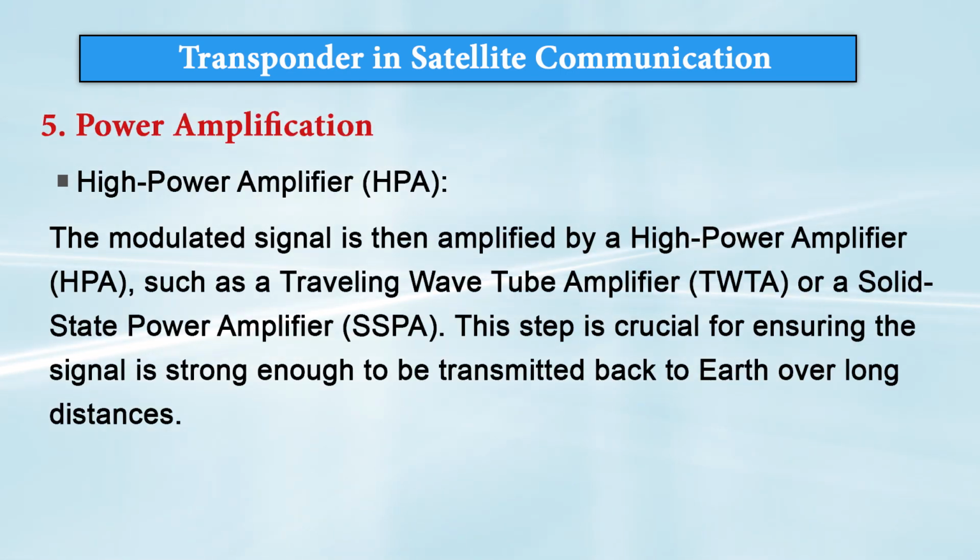And finally, in the communication system, the power amplification is there. So, a high power amplifier is there, right. The modulated signal is then amplified by a high power amplifier such as a TWTA, travelling wave tube amplifier, or a solid state power amplifier. This step is crucial for ensuring the signal is strong enough to be transmitted back to earth over a long distance.